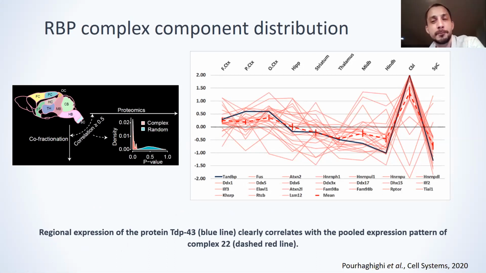So expression of TDP43 or the complex alone doesn't necessarily define which region is susceptible to ALS. It may be that this is a function of the cell types that you see within these regions, and we're going to do some more work to try and figure out if this can tell us anything about why the spinal cord neurons are so susceptible to TDP and hopefully complex 22.